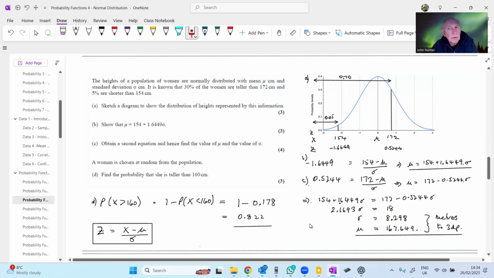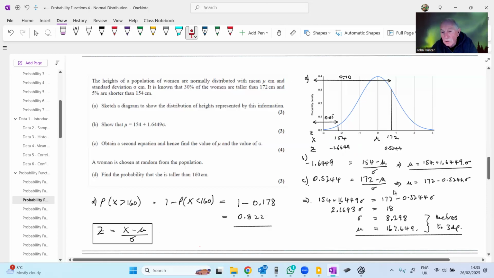So essentially what we are doing is working back to the standard normal distribution in order to find the z values that these percentages give us. Then we're forming a correspondence, a transformation, if you like, between that and that using mu and sigma, and then solving.